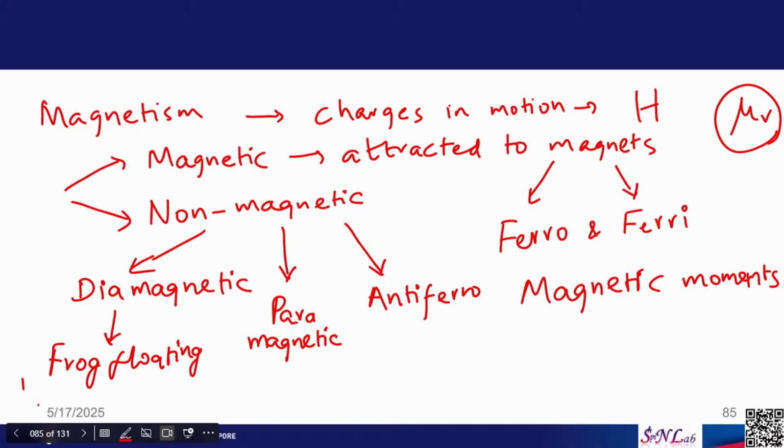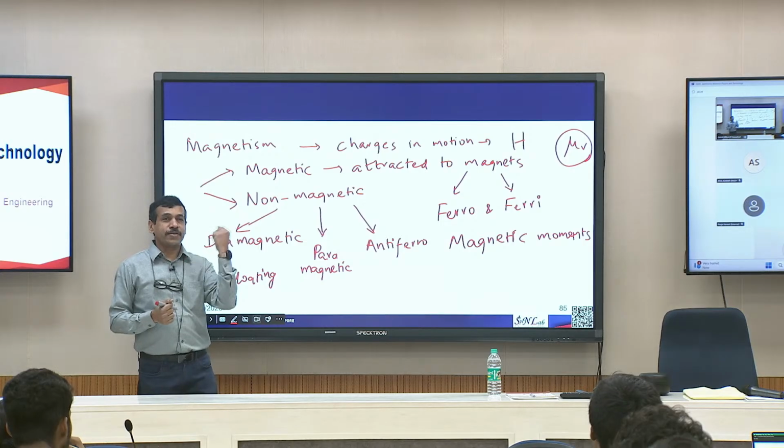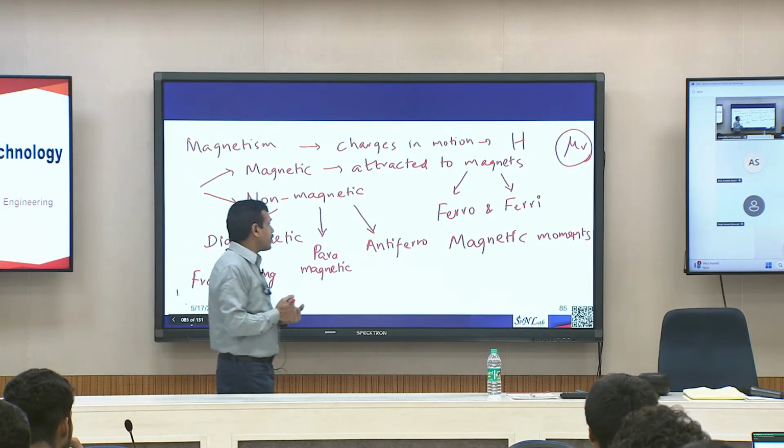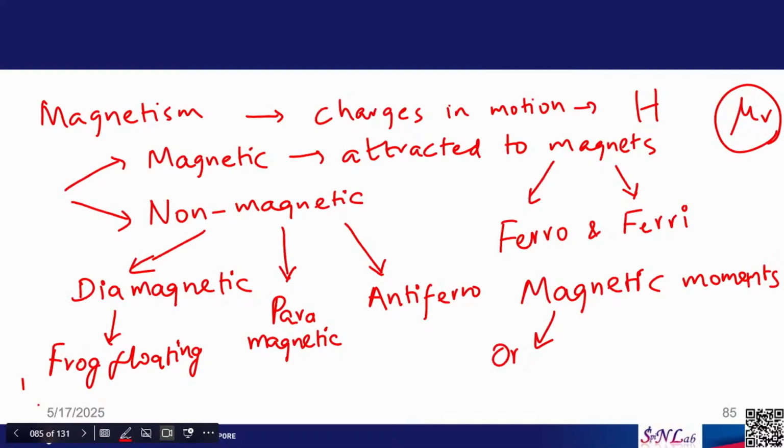Electrons as such have two magnetic moments. One is when they are going around the nucleus, they have orbital magnetic moment. And secondly, because of the inherent quantum mechanical nature, for which I cannot give you any analogy, the electrons also have a spin magnetic moment.